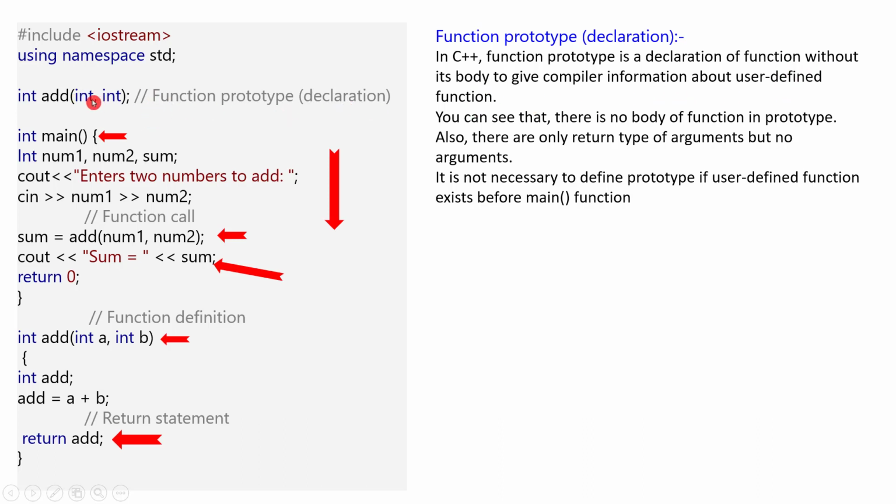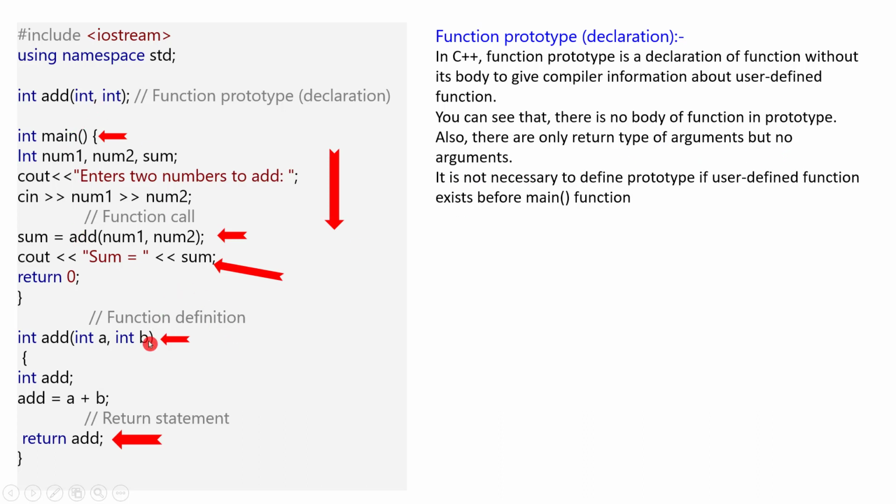By defining integer add, bracket, integer comma integer, this tells the compiler that there is a user-defined function in the entire program with this title. You can see that there is no body of the function prototype, just a definition. Also, only the types of arguments are written, but no argument names.